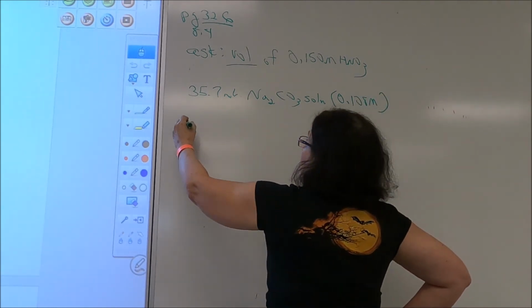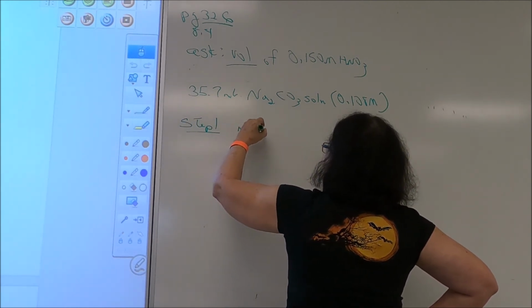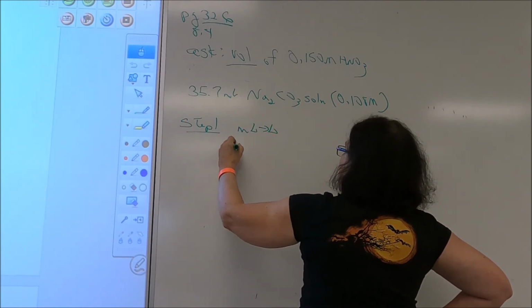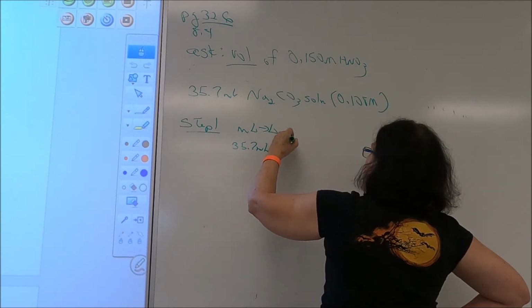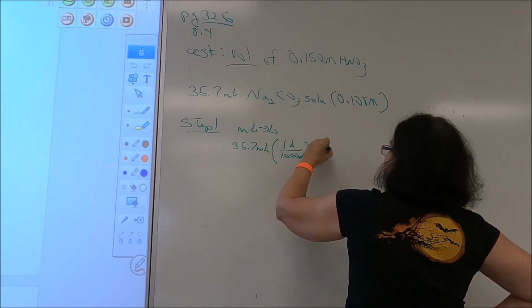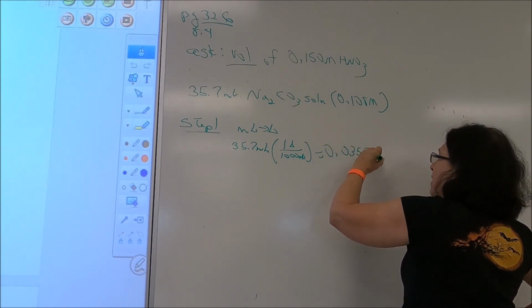My step one is to go from milliliters to liters. 35.7 milliliters, 1 liter for every 1,000 milliliters, so that's 0.0357 liters.